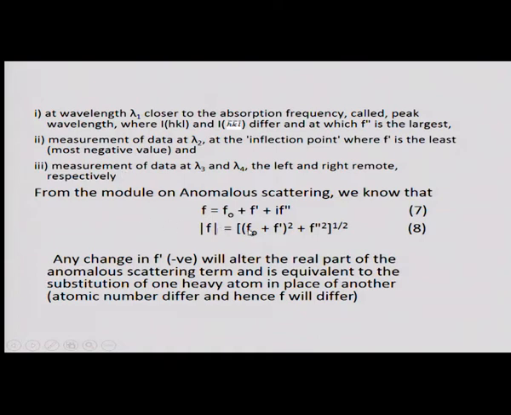Okay. Now, any change in f prime, by tuning the wavelength to the 4th decimal, I can make f prime change even by 2 or 3 or 4 electrons, which means that when it is added here, minus 3, minus 4, minus something, instead of f naught some heavy atom, it behaves like another atom with atomic scattering factor f naught minus 2 electrons, f naught minus 4 electrons, f naught minus 6 electrons, and so on, which means that you are physically changing one species to another species.